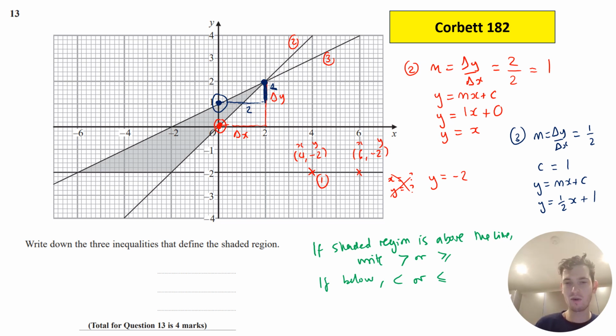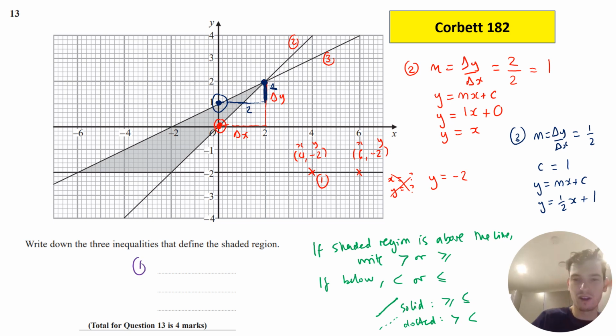And I know which one I'm going to write, because if it is a solid line, you're going to write bigger than or equal to, or less than or equal to. And then if it's dotted, it's one of those two. And all 3 of my lines are solid, so I'm going to write greater than or equal to, or less than or equal to.